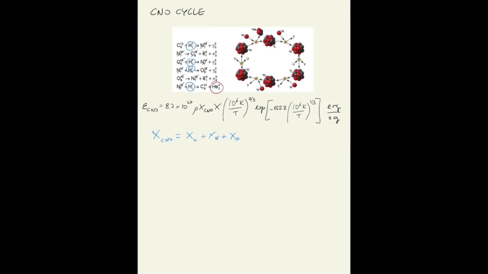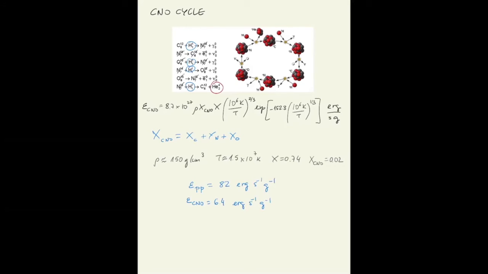If you substitute for the center of the sun density about 150 grams per cubic centimeter, temperature about 15 million Kelvin, the mass fraction of hydrogen 0.74, and mass fraction of CNO equal to 2%, then you find that for the sun, the energy production rate of the proto-proton chain is about 82 ergs per second per gram, and for CNO is about 6.4 erg per second per gram. So the proto-proton chain dominates in the sun by about a factor of 10.